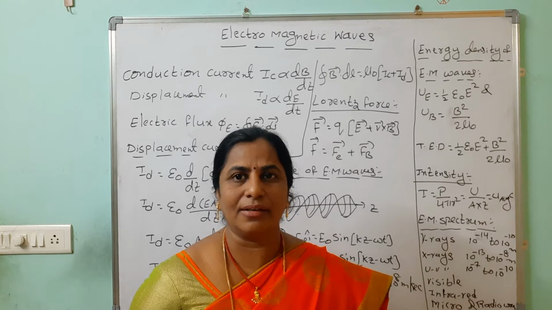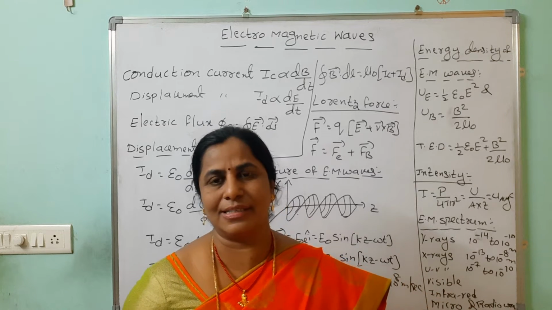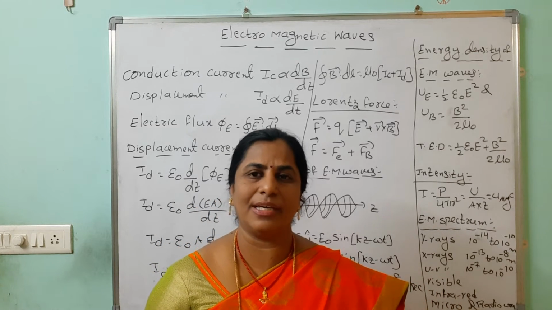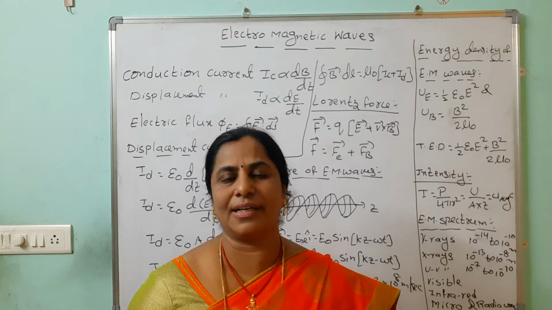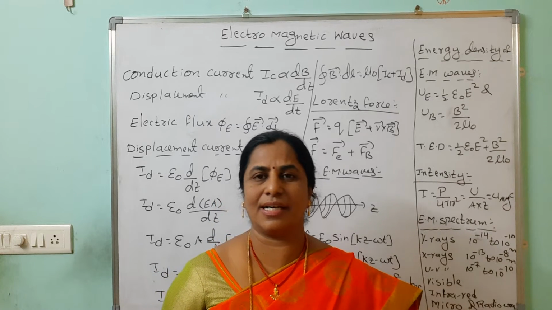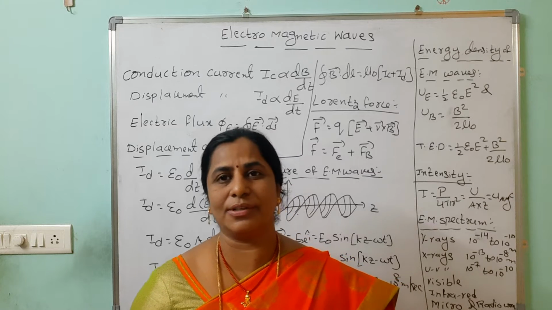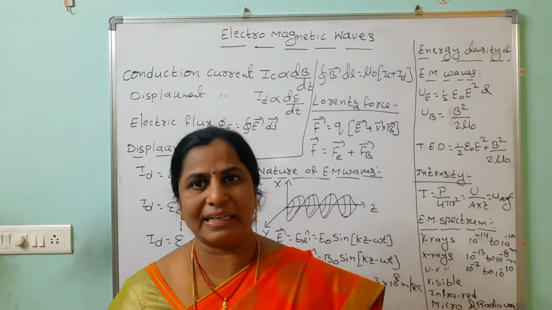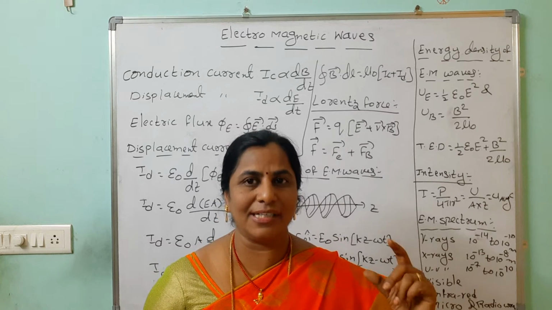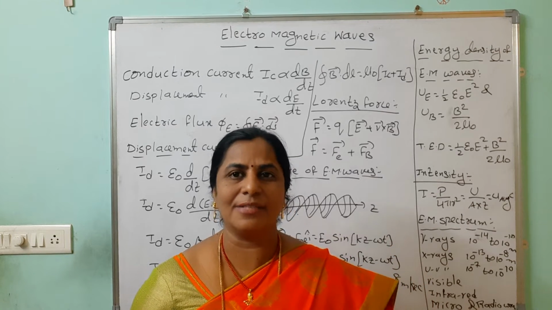So you know that the flow of electrons gives the conduction current, but he gave one more, the displacement current. That is because of the rate of change of electric flux, which is directly proportional to the rate of change of electric field. So the new term here is the displacement current, or displaced current.